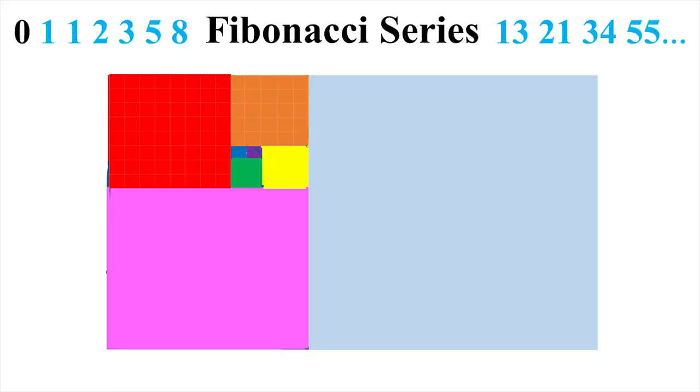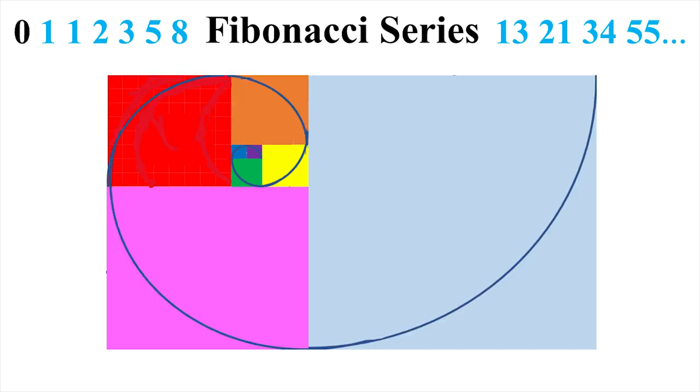Okay? So now we take this rectangle that we formed by adding squares, right, to our Fibonacci series. And if you notice, you can start connecting these and it forms a spiral. Very nice.